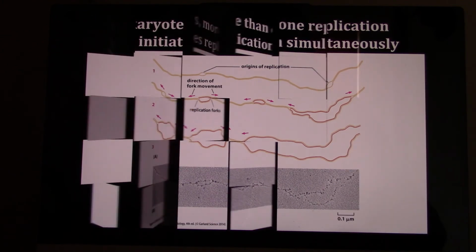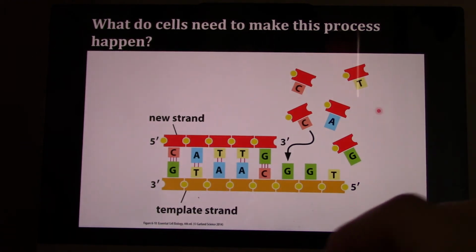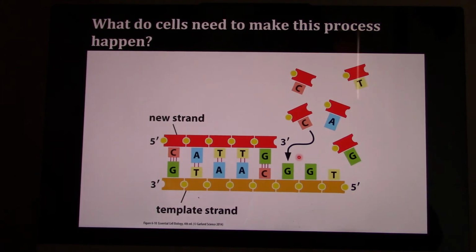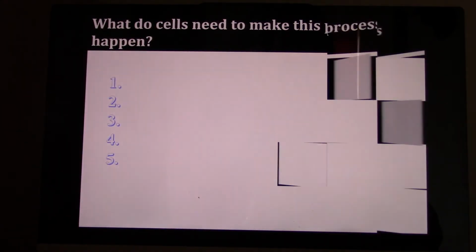Okay. So moving on, what do cells need to make this process happen? Well, they're going to need a template strand. They're obviously going to need some nucleotides to come in here, some monomers to make the nucleic acid. They're going to need energy to catalyze the reaction, and they're going to need an enzyme to catalyze this reaction. So those are some of the things that we need.